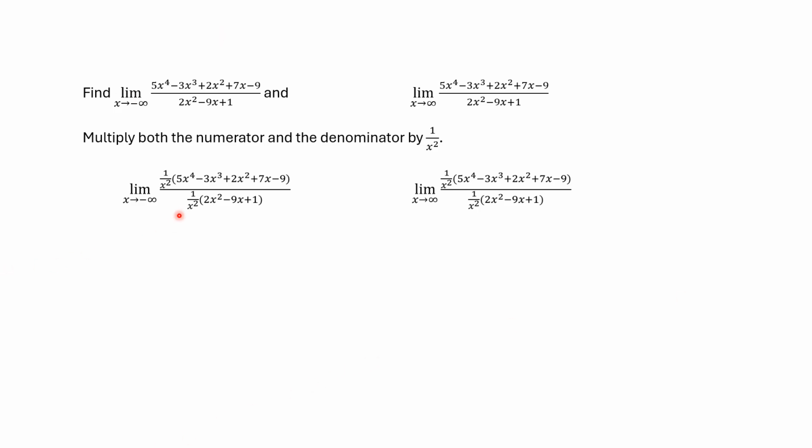So let's look at the negative infinity side. 1 over x squared divides into the polynomial in the numerator and into the polynomial in the denominator. Likewise, as x approaches infinity, we use the same trick.